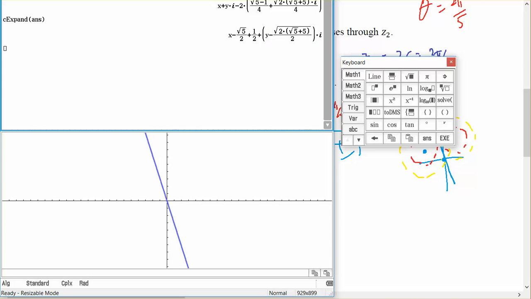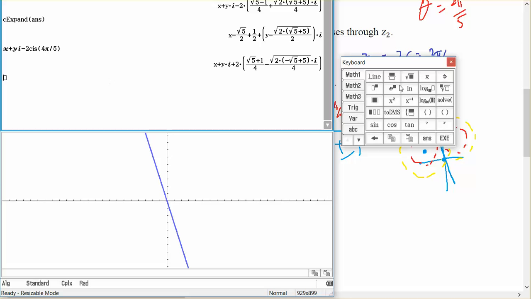So I might set up here. Okay, so I've set up my structure of what I want, but I might just copy that and delete it and take this and find what it would be if that was 4.